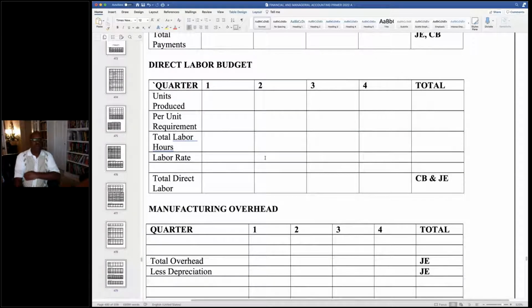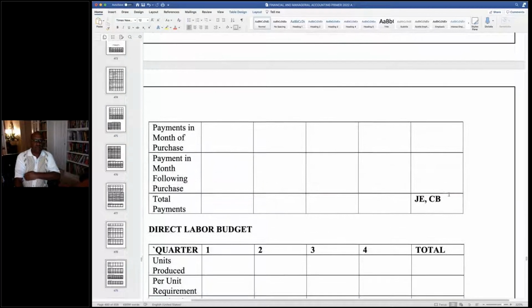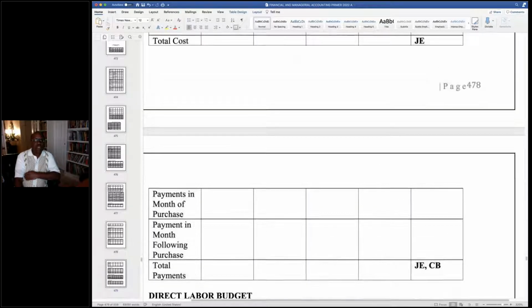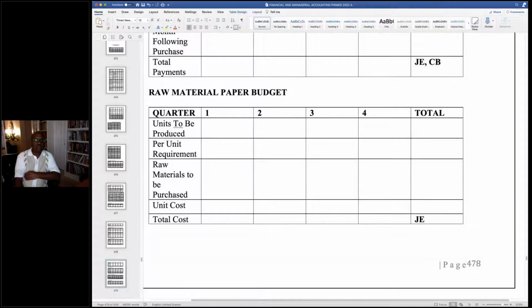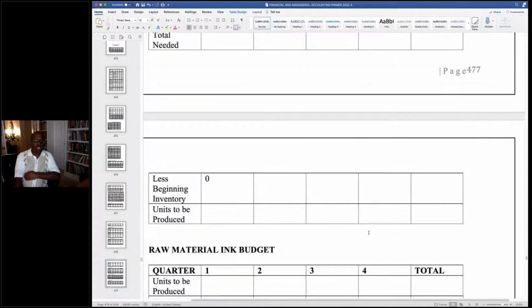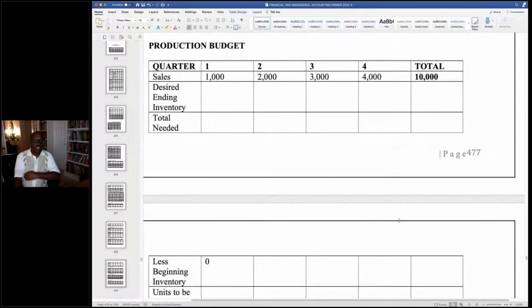Direct labor, cash budget. Your number goes on there. Then we'll have here, which one is this? Raw materials, paper, and raw materials, ink. Your last numbers go on the budget. Production, you've got to get the right number, and don't lead them astray so that they can put the right numbers on there.